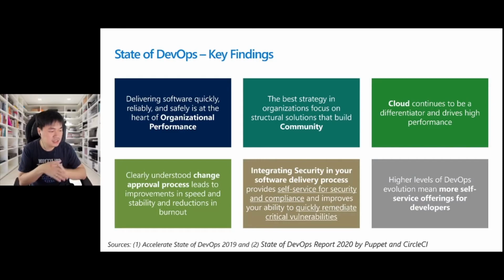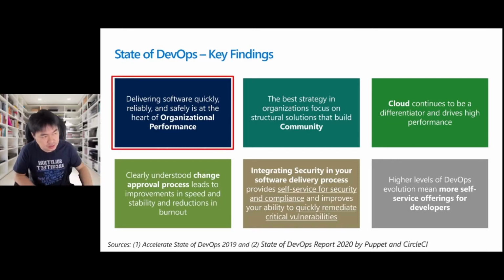In the latest State of DevOps surveys and reports by these two sources at the bottom, they also highlighted a couple of things. These are the key points that I pulled off from these surveys and put in this PowerPoint that you see here. Let me bring your attention to two of these.